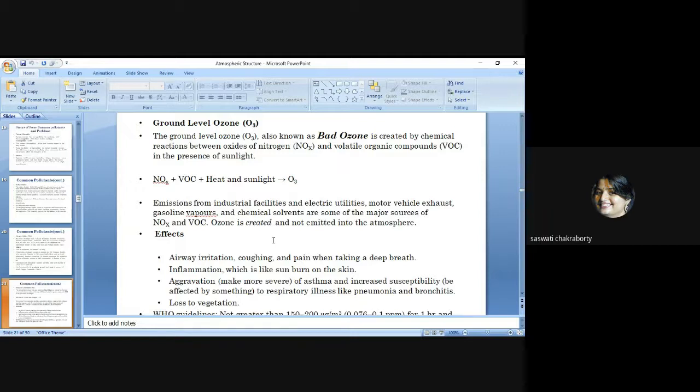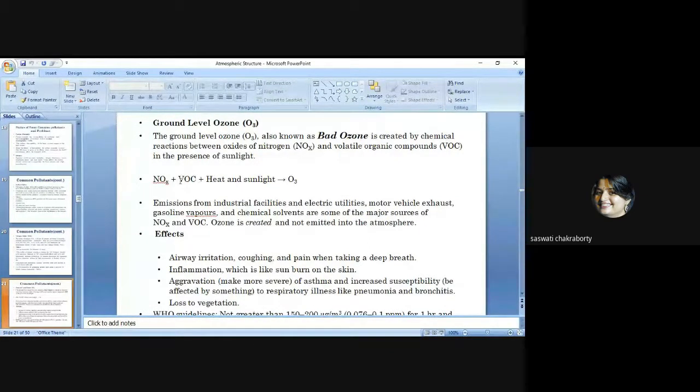That's why ground level ozone is called bad ozone. Here the reaction is shown: oxides of nitrogen with volatile organic compounds, a complex chemical reaction occurs, and along with heat and sunlight, this forms ozone.